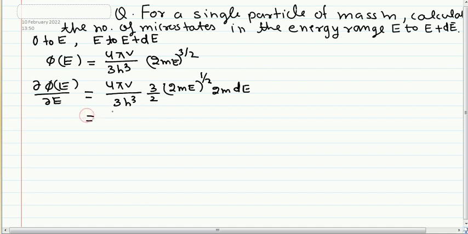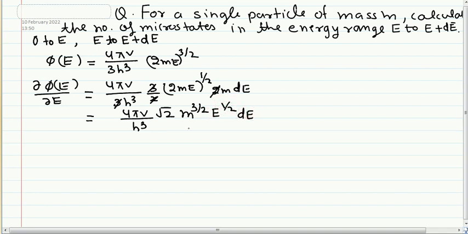So let us manipulate this. This 2 gets cancelled with this 2, and this 3 gets cancelled with this 3, and then we are left with 4 pi V divided by h cube, and this 2m to the power half, and this m means it is m to the power 3 by 2, and this E which is E to the power half, and this dE.